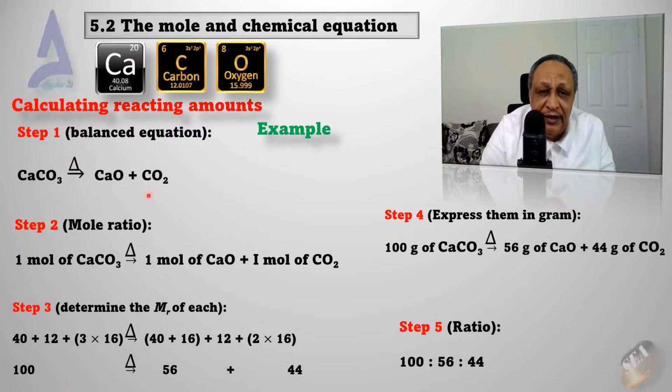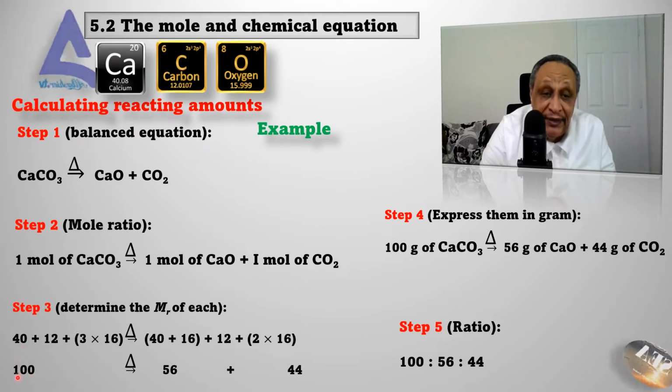And here, because this is calcium, I have only 1, and oxygen is 1, which is 40 plus 16. And here we have carbon, which is 1, which is 12, and 2 oxygen, 12 plus 32.